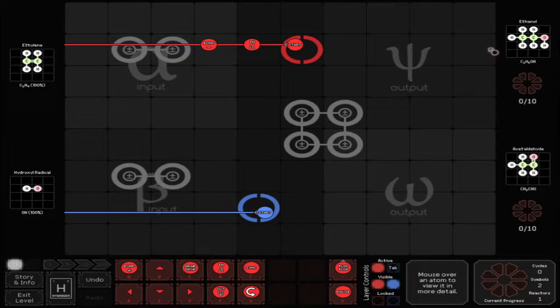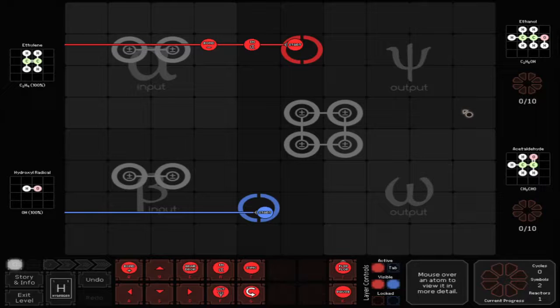I think I can. Yeah. I just have to kind of figure out how. See, if I build the acetaldehyde in reverse, so have the oxygen on the left and the 3 hydrogens on the right, might work.